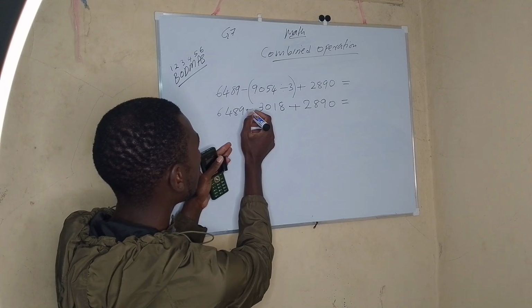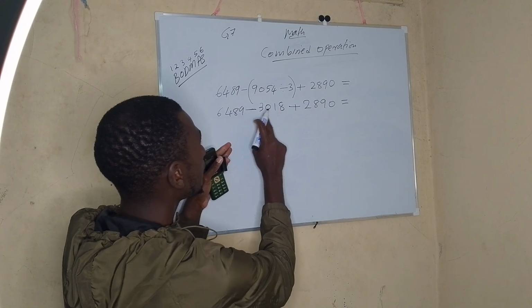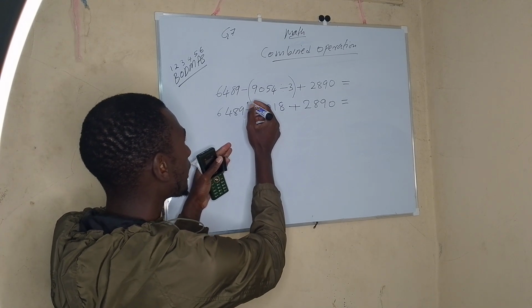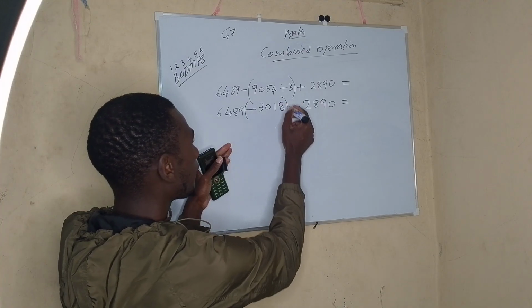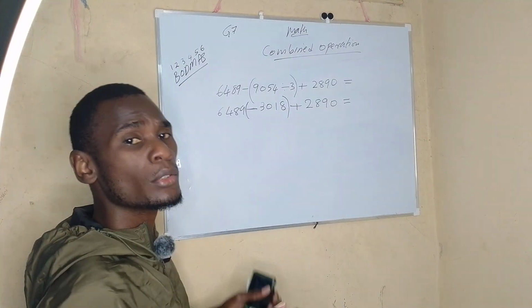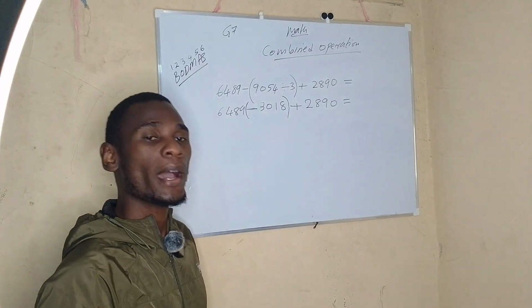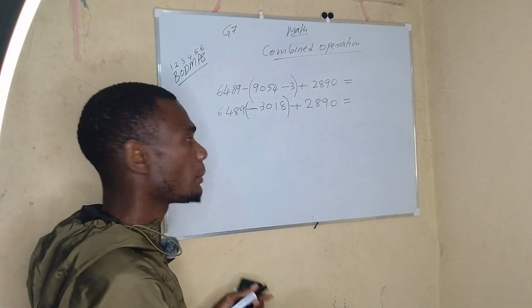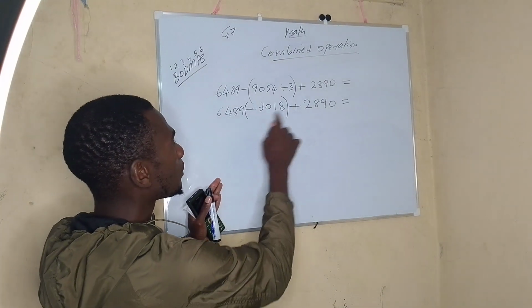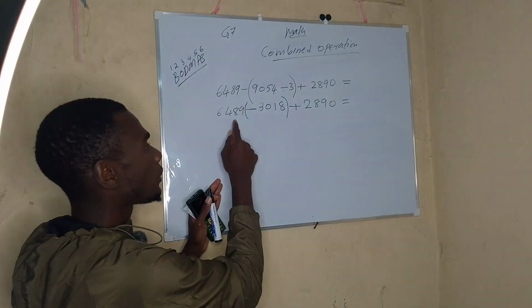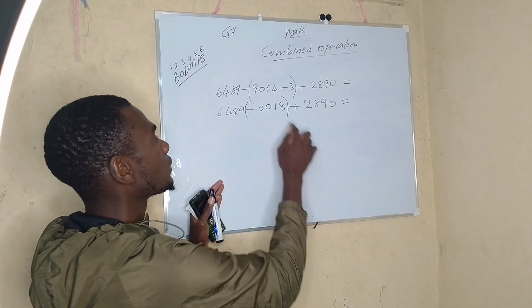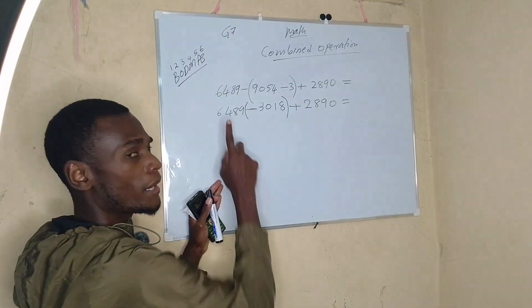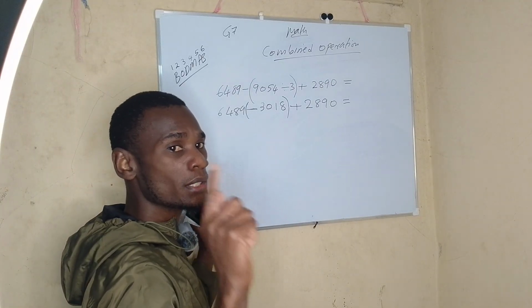It is written minus 6,489. So you are not supposed to add a number that is being subtracted to any other number. Because if you add this number to this, and then subtract from here, that means you have subtracted both numbers from here, but there is only one number that is being subtracted.